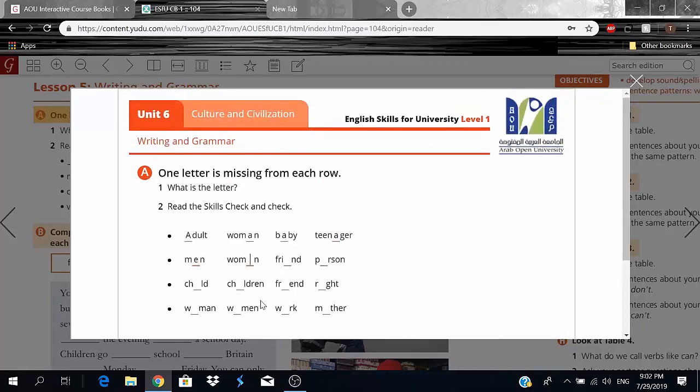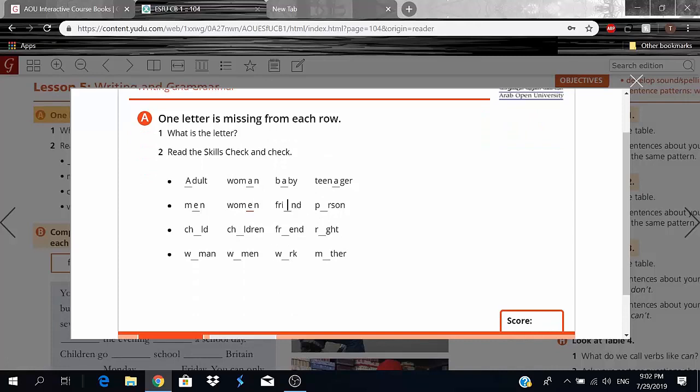Women, friend, and person. Okay, then we have child, I, children, friend again, okay, and finally right. Now we have woman, women, work, and finally mother.